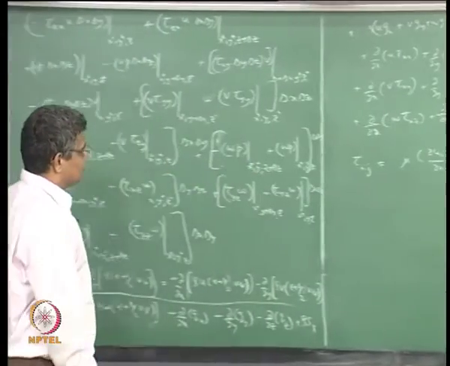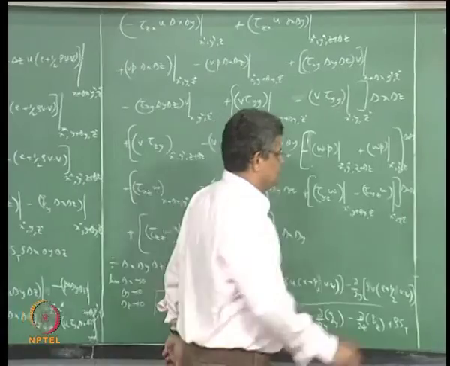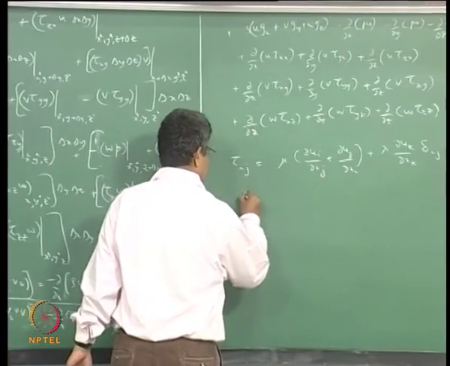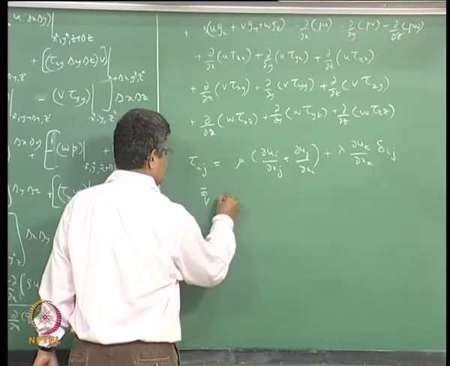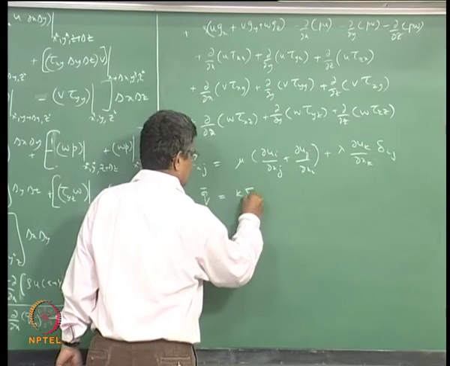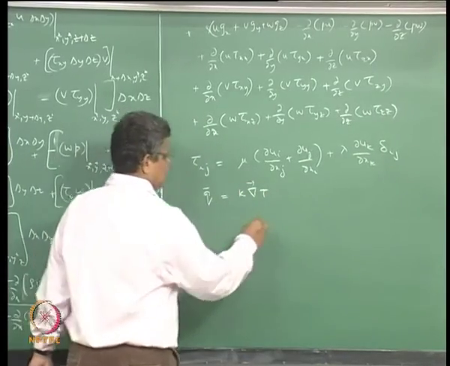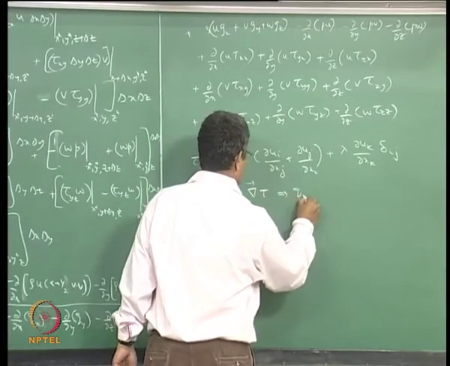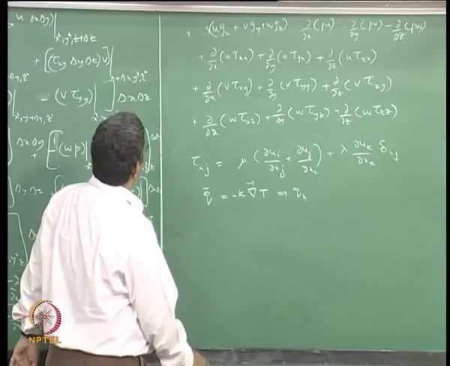plus λ times ∂uk/∂xk δij. Okay, so what remains for us is to specify q, and for this we can take Fourier's law of heat conduction. So q is equal to minus k gradient of temperature, where k is the thermal conductivity.